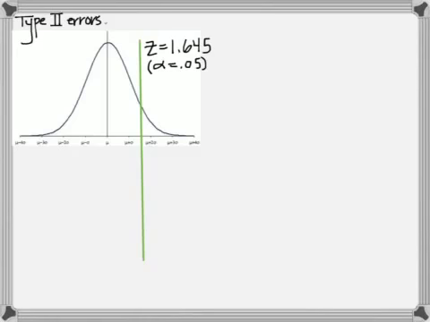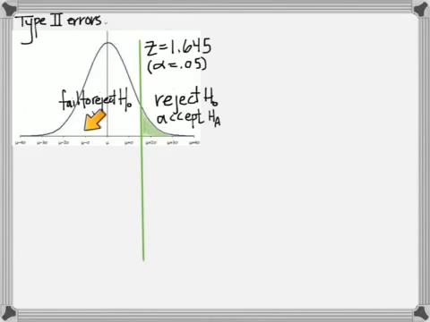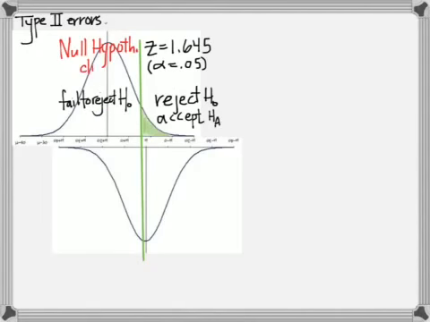So that corresponds to an alpha of 5%. This area is 5% of the total area under the curve. So if we get a p hat out here, we'll reject the null hypothesis and accept the alternate. If we get a p hat over here, we'll fail to reject the null hypothesis, and we will fail to accept the alternate.